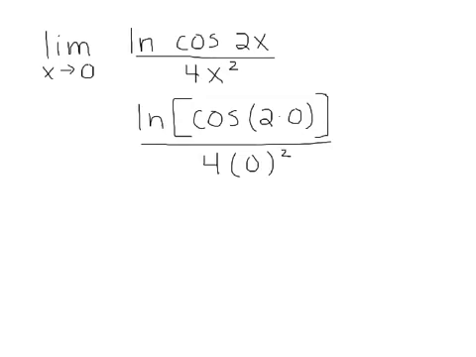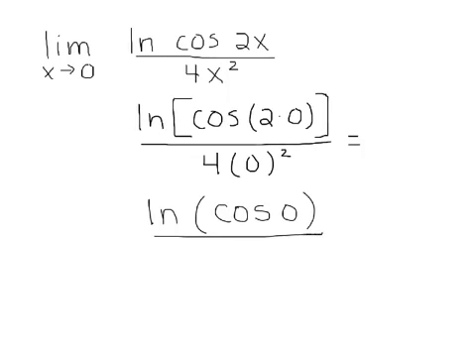And if we work our way in the numerator inside out, we've got natural log of the cosine of 0, divided by, of course, 0 squared is 0, 4 times 0 is 0. And now the cosine of 0 we know is 1.